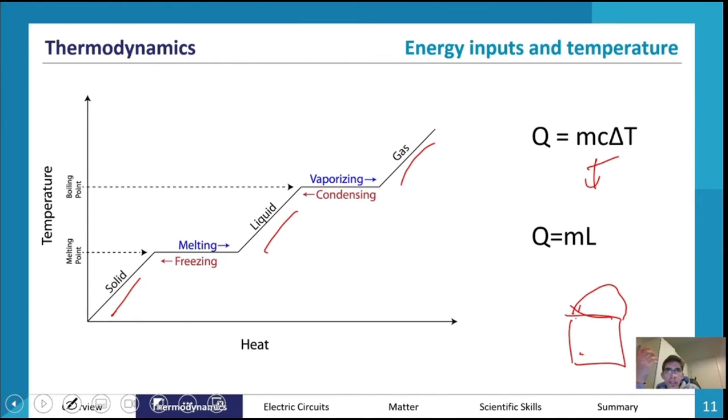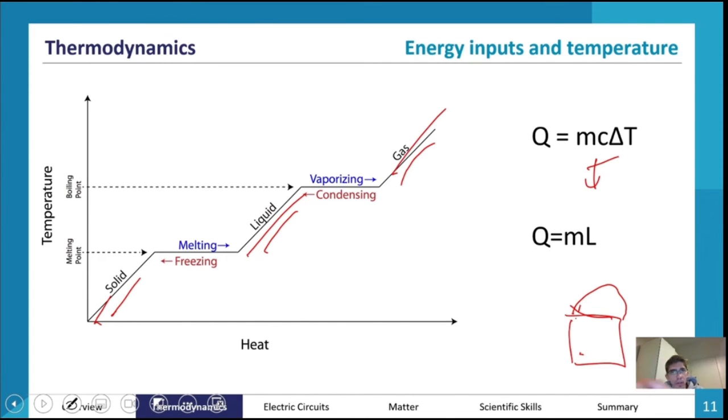You require less heat energy to increase the temperature by 1 degree Celsius with a lower specific heat capacity, right? You need less energy. Therefore, a steeper graph. It's easier to melt ice than it is to convert the same amount of water from liquid to gas, right?